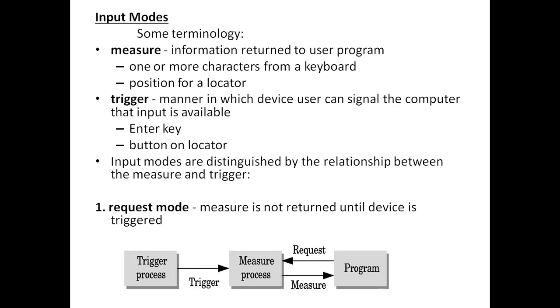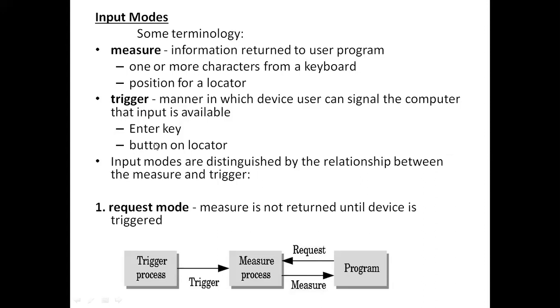Whenever we give the input to the program, how do we tell the program that the input is ready? It is by pressing enter. So after giving the complete input, I will press enter. That is the trigger.